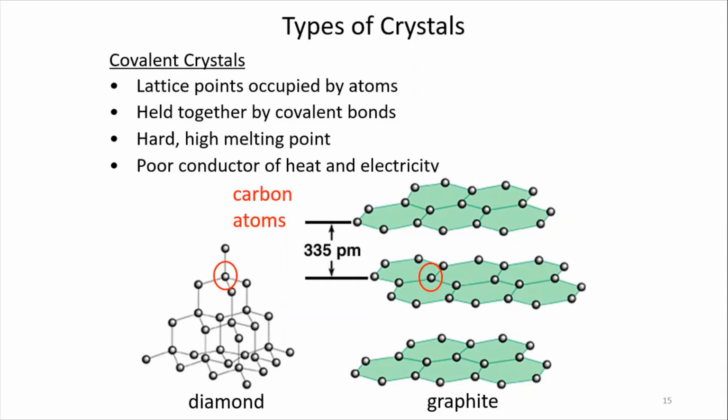On the right, we see graphite, which is actually the more stable form of carbon. Notice that the carbons in graphite are connected to three other carbons. In other words, they have a trigonal planar arrangement with sp2 hybridization. And you can see that the trigonal planar arrangement generates these layers of carbons that can stack up on each other.